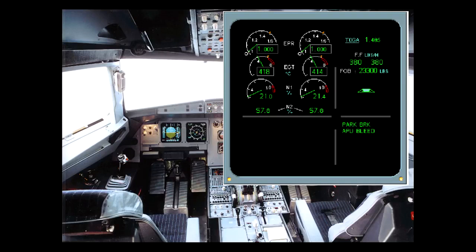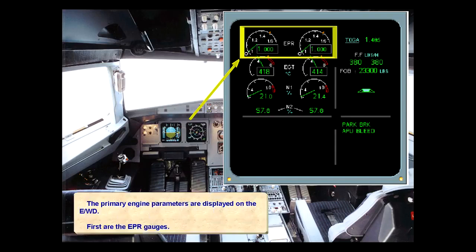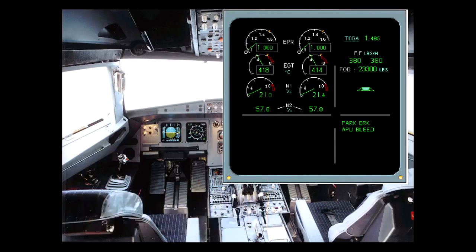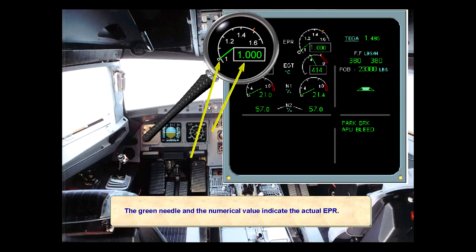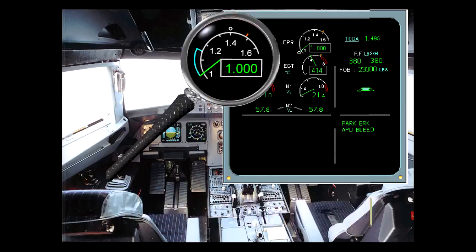The primary engine parameters are displayed on the engine warning display. First are the EPR gauges. The green needle and the numerical value indicate the actual EPR. The blue arc is the EPR command arc.